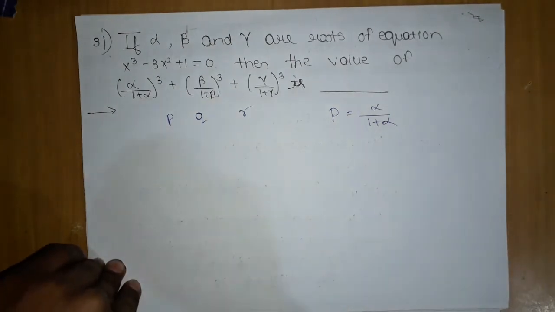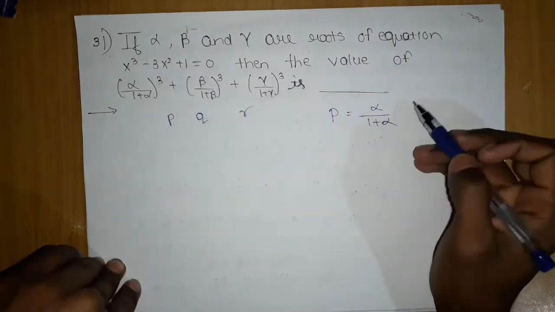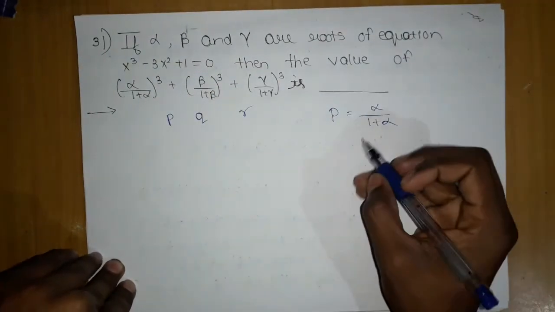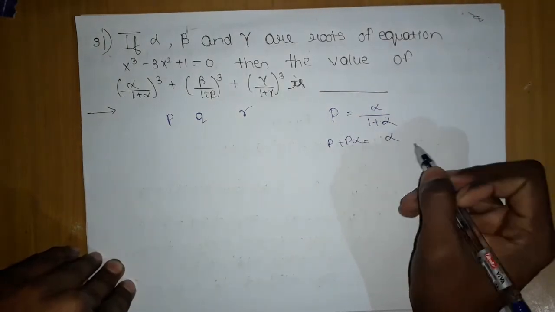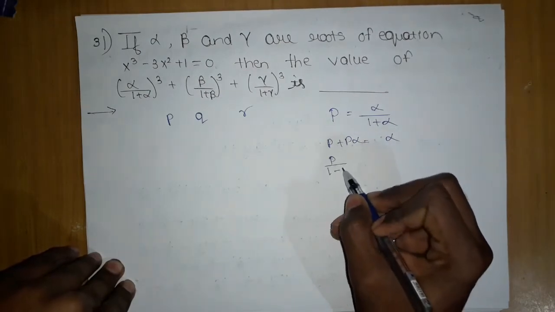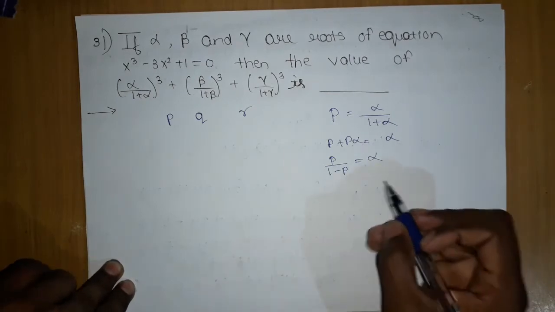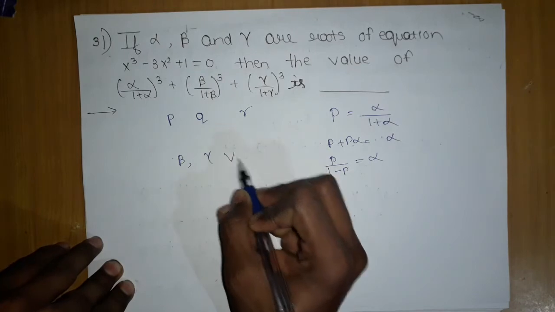Why are we calculating alpha? Because we know alpha, beta and gamma are the roots of this equation, so if I get the alpha value, I can substitute it here. p plus p alpha is equal to alpha, so we get alpha equals p upon 1 minus p. Similarly we will get the beta and gamma values.